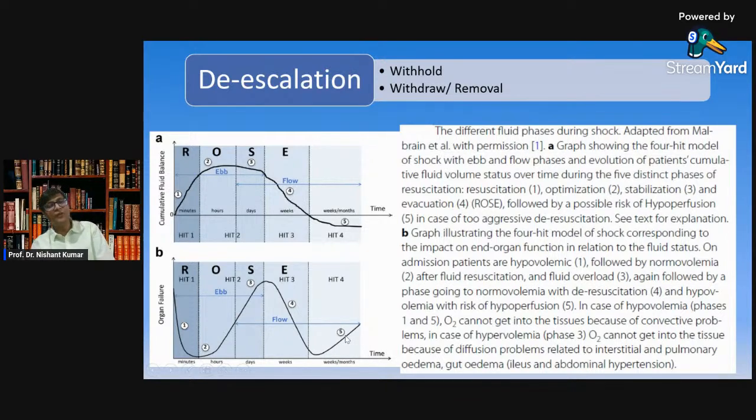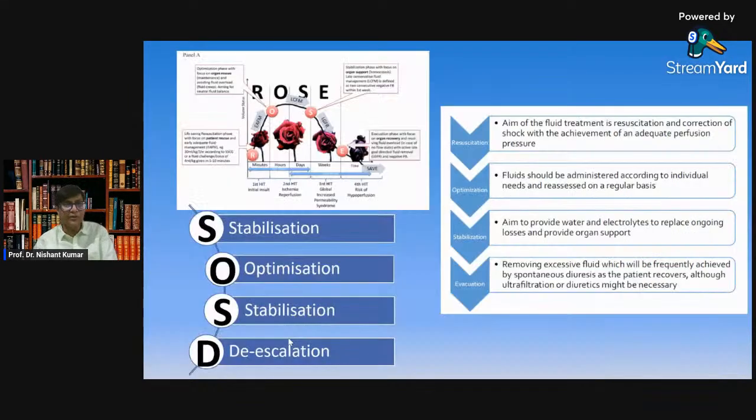But if you decrease this too much, then again the chances of organ failure increase because of hypoperfusion. So it is neither the conservative nor the liberal. You have to just give adequate fluid therapy. So this is what we call the mnemonic ROSE.